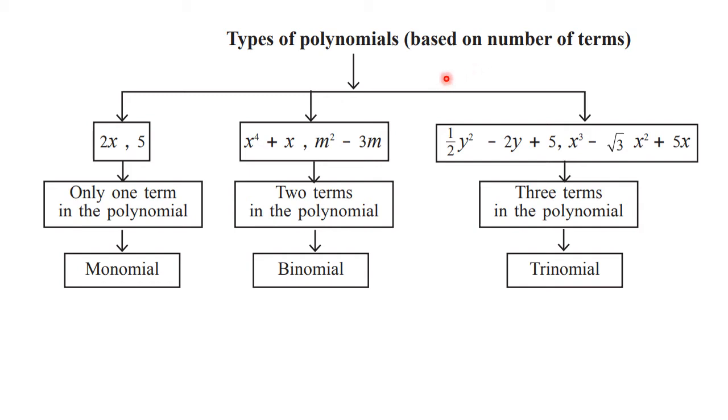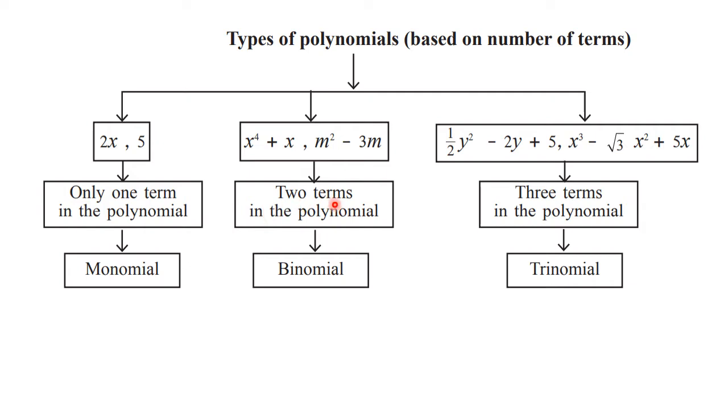So here, if a single term is present, like here 2x and 5, only one term is there. There is only one term in the polynomial. Such polynomials are called monomials. The word mono stands for one. An algebraic expression with one term is called a monomial.